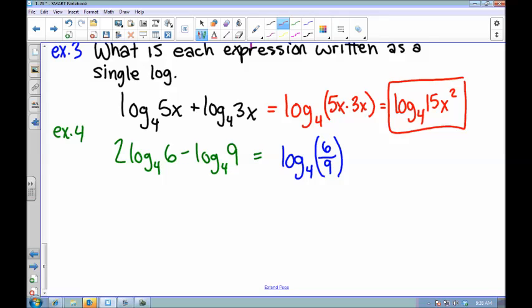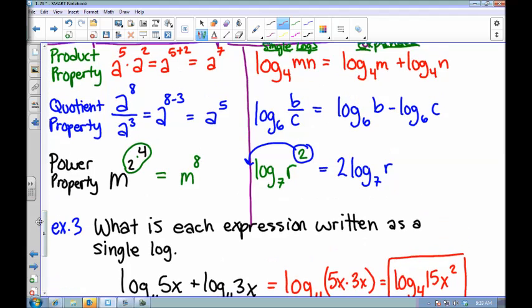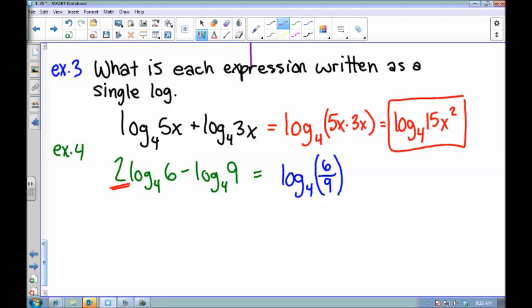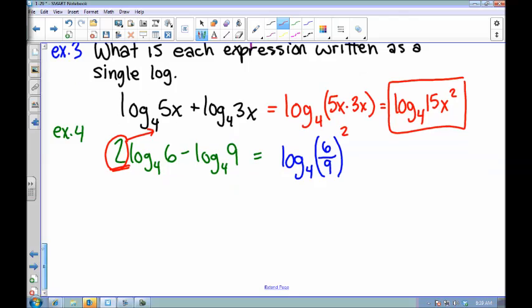But a question. What do we do with this 2? Haley? Right? When we go to single logs, the 2 goes in the exponent. So this 2 here would be moved up to the exponent. So it goes squared. But I do see that this can be simplified, because I noticed 6/9 isn't a simplified fraction.